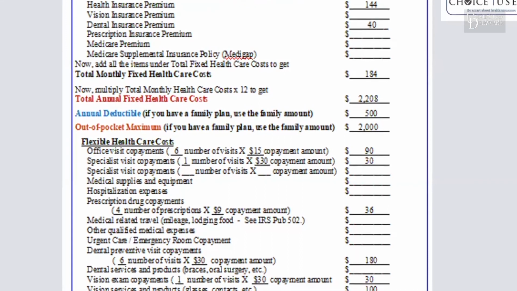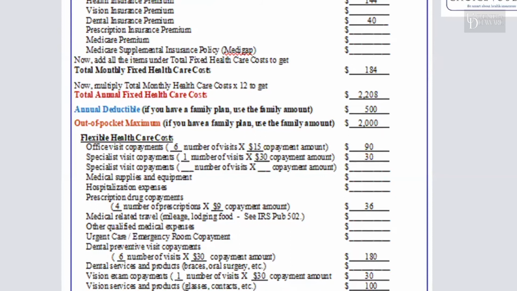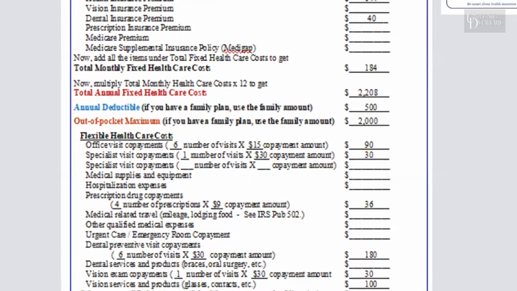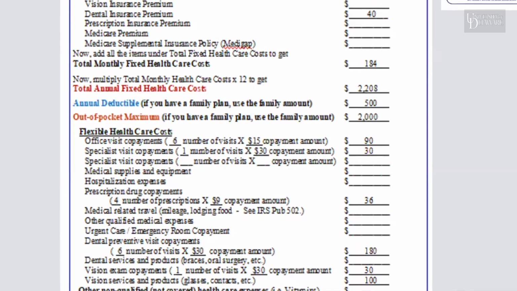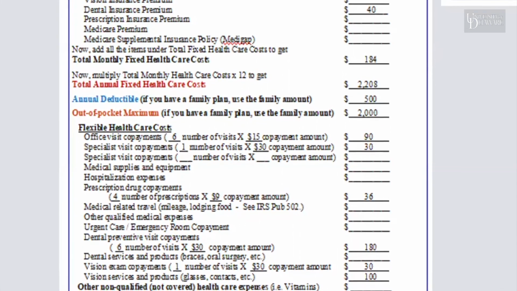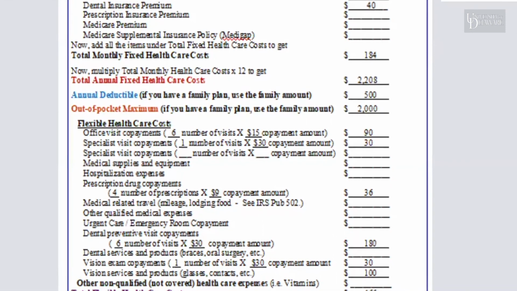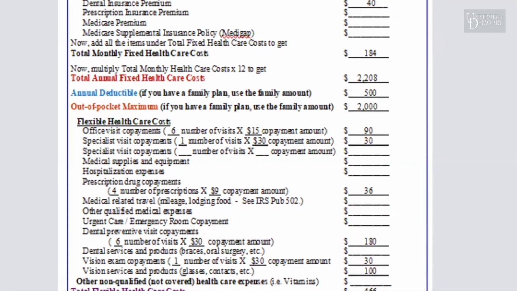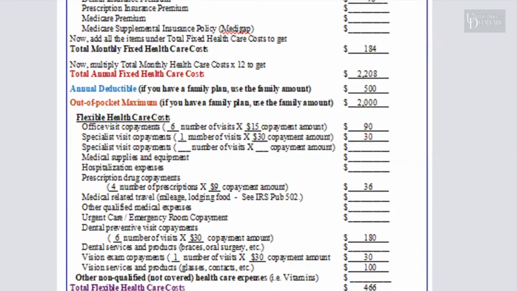And then we begin to plug in numbers for the number of visits and the co-pays associated with each. They had 6 visits to the primary care times $15, you get $90. One specialist visit times $30, that's for the allergist, a total of $30.